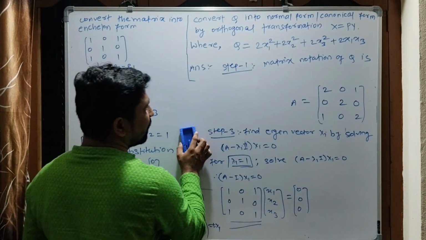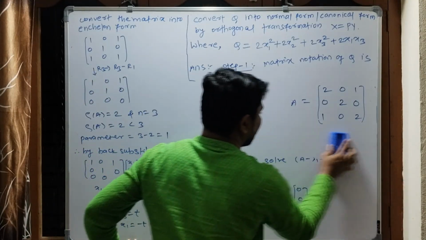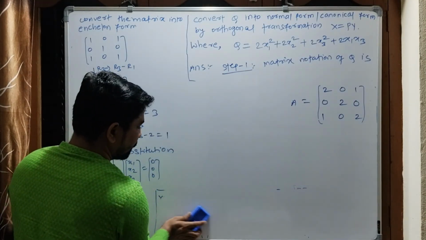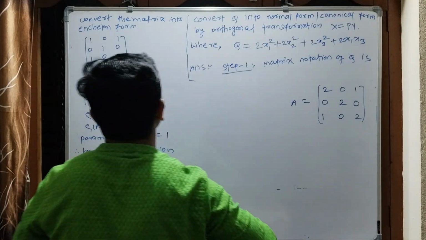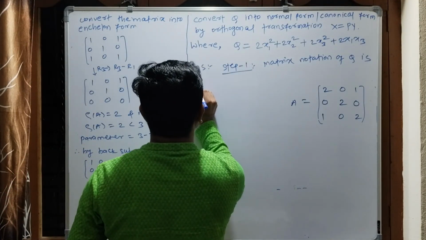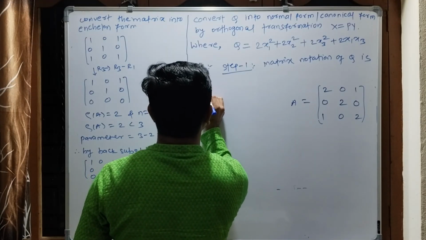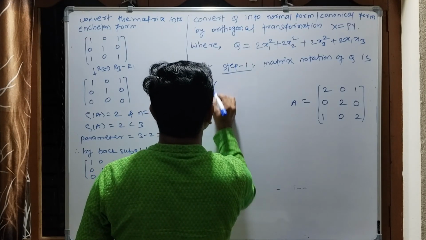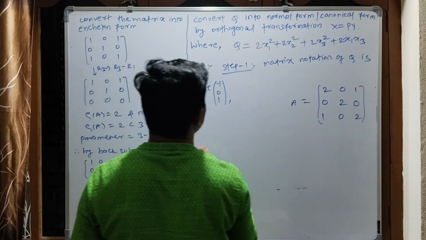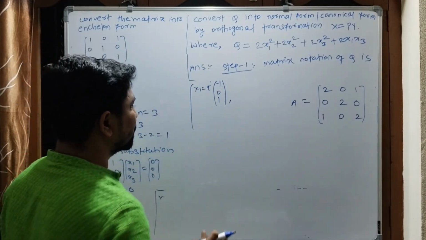I don't have space, so here I will write the given information. So x1 equal to t times minus 1, 0, 1. I have now found x1. This is my matrix.